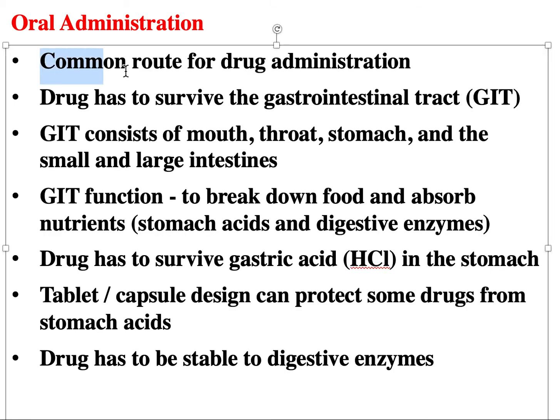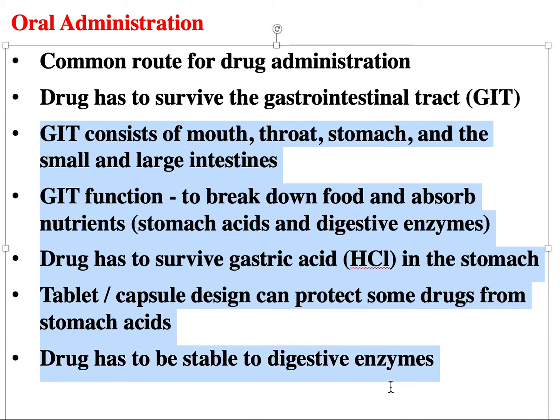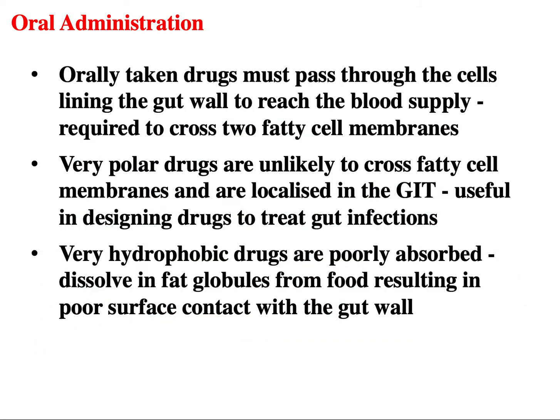So oral is really what you want. It has to survive the GI tract, be able to be absorbed by the GI tract, and be stable to digestive enzymes. It's got to pass through the cells lining the gut wall.